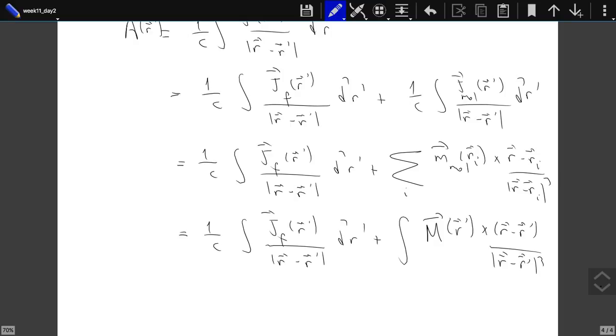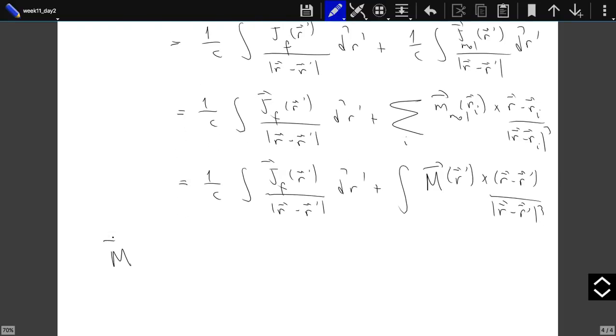Now this magnetization at the point R, we define as the total molecular magnetic dipole moment.